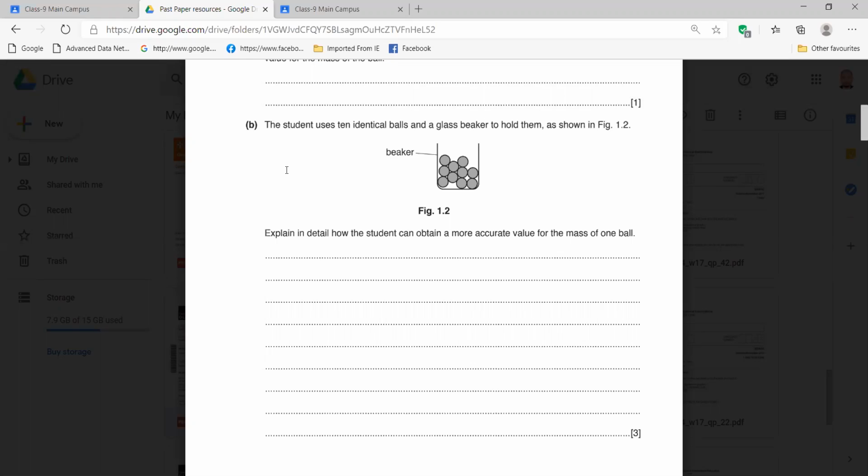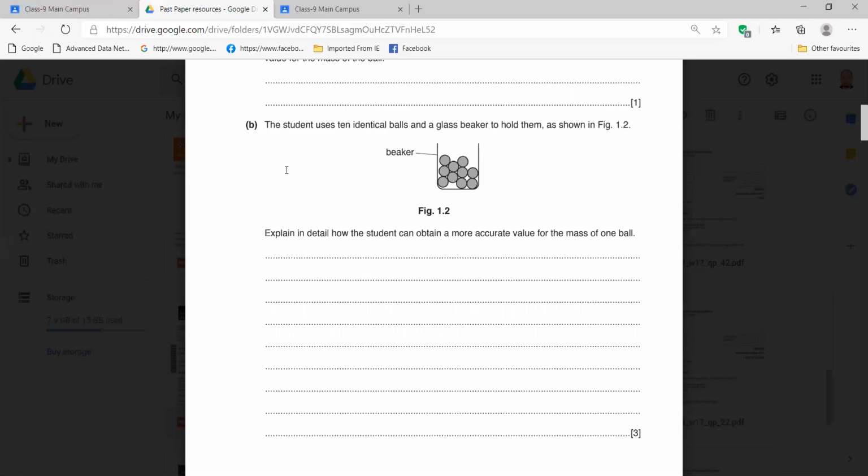M2. Then he needs to divide, or subtract? Subtract. First, he will subtract M2 minus M1.